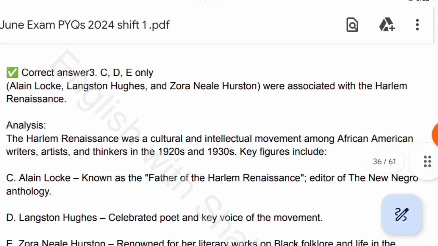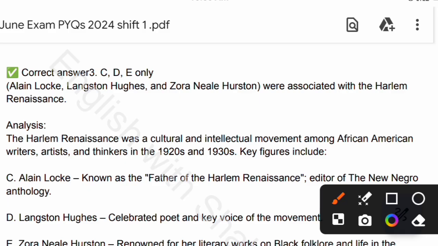Alain Locke, Langston Hughes, and Zora Neale Hurston were associated with the Harlem Renaissance. The Harlem Renaissance was a cultural and intellectual movement among African American writers, artists, and thinkers in the 1920s and 1930s. People migrated from other parts of the country and shifted to the place named Harlem, and they were battling for their own rights, that they have their own culture to follow.